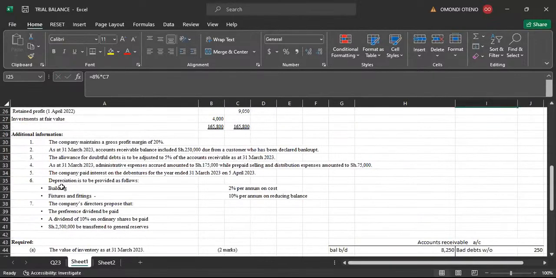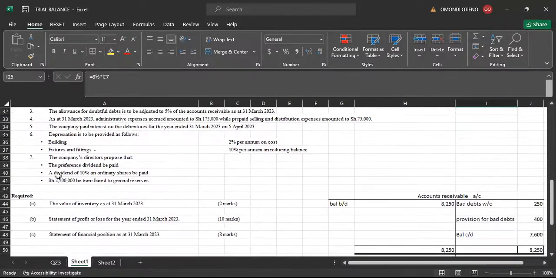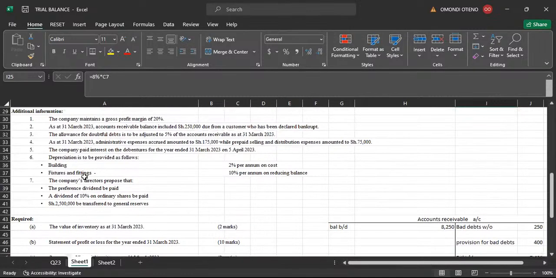Then we have depreciation is to be provided as follows. So let's deal with this depreciation, and then we come to these other simple things that are down here. The depreciation, one is on reducing balance, another one is on cost.